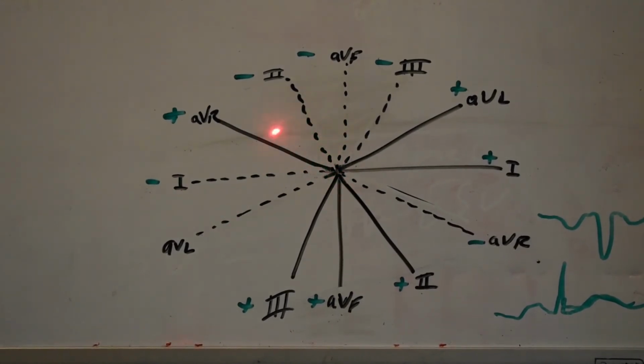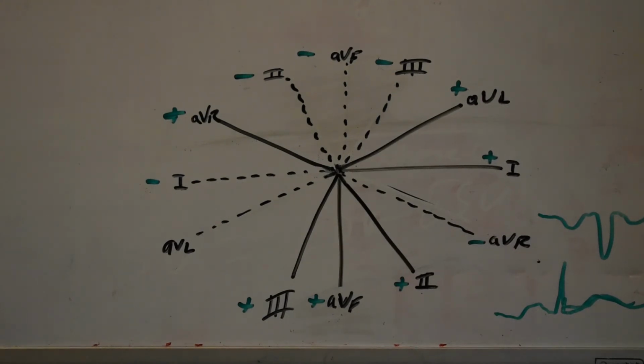Because the electrical current is traveling towards the positive end of lead 2, but the negative end of lead AVR. So that's how you can tell if maybe something is not set up properly. If you see positive inflections in lead AVR, that's not normal. Either it's set up incorrectly, or we have what is called a really skewed axis deviation.